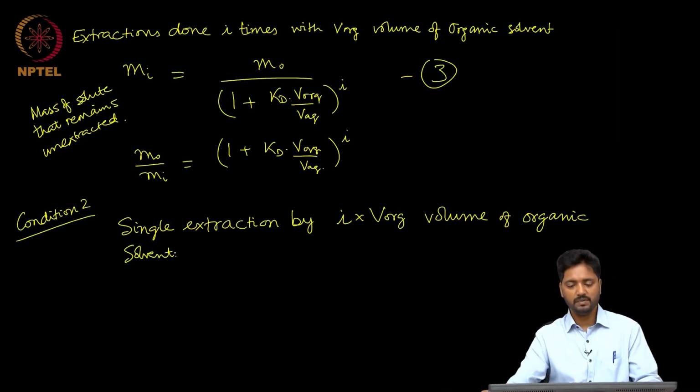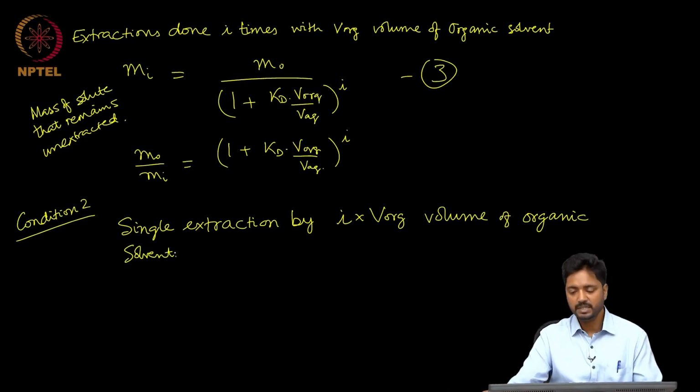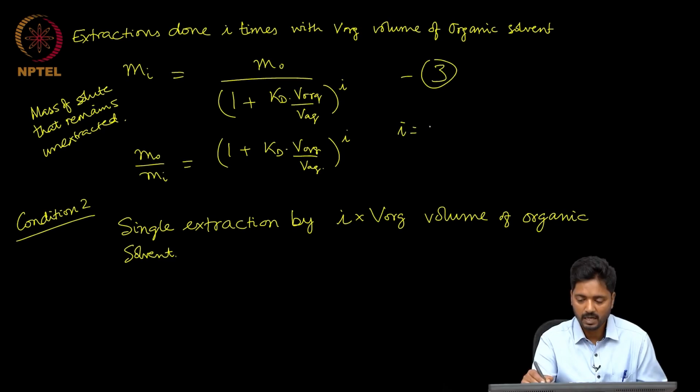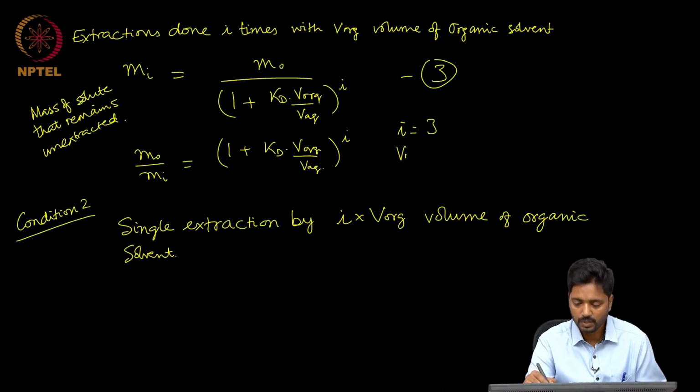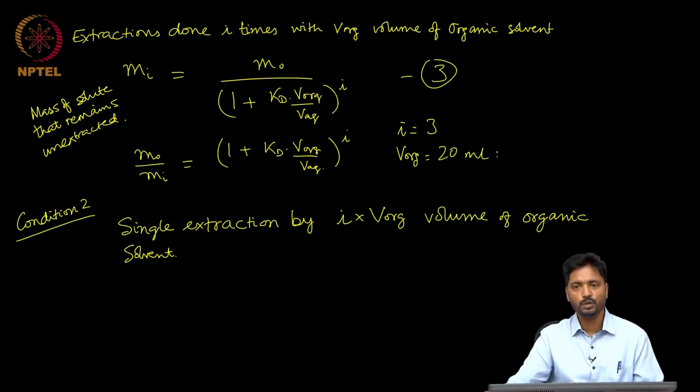So, in the example that we were discussing, this I into V org will be equal to 60 ml of the organic solvent, while in condition 1 we were extracting 3 times with V org of 20 ml. So, the total volume employed for the organic solvent remains constant in condition 1 and condition 2.